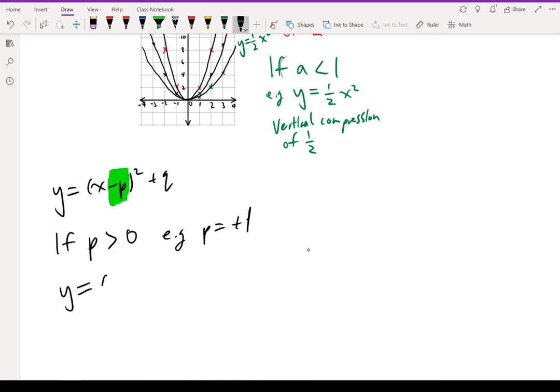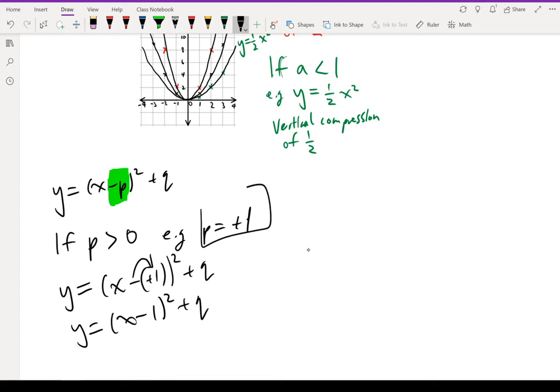It's going to be y equals x minus positive 1 whole squared plus q. Overall our equation will be y equals x minus 1 whole squared plus q.